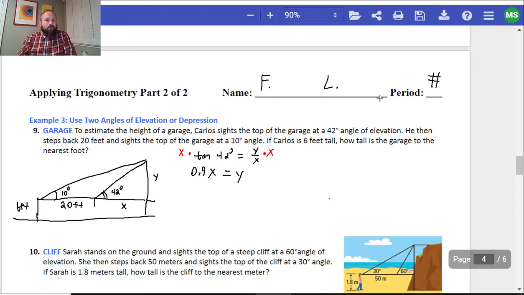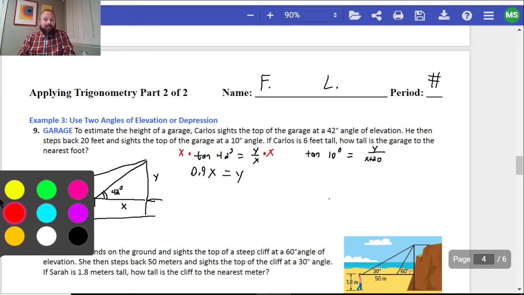Alright, well, this right here now is we have the opposite. We have a new triangle, the opposite over the adjacent. So the tangent of 10 degrees is now equal to the opposite y over x plus 20.